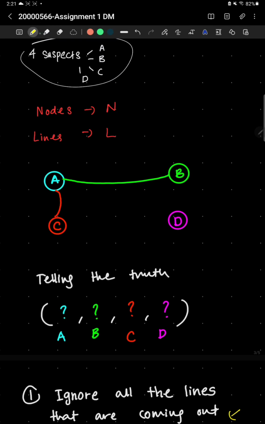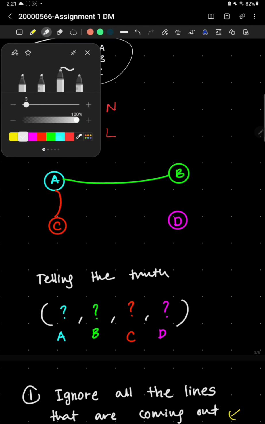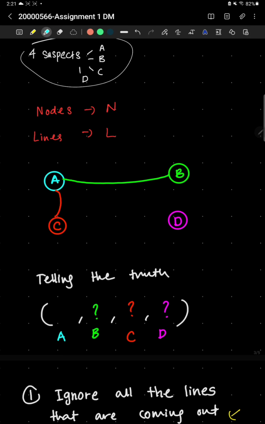So for A, only 2 people are telling the truth.